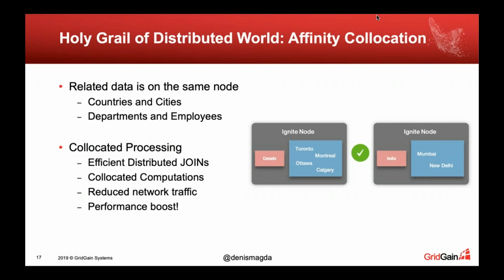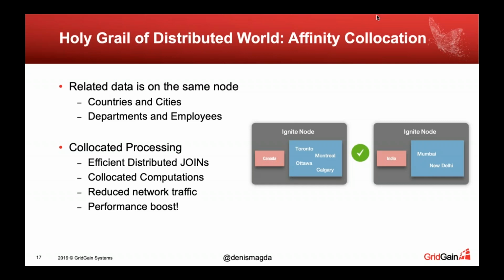And the same is true for India's cities, but those are stored on another machine. And when you're defining your city table, instead of a foreign key, you just need to tell that country ID will be my affinity key.